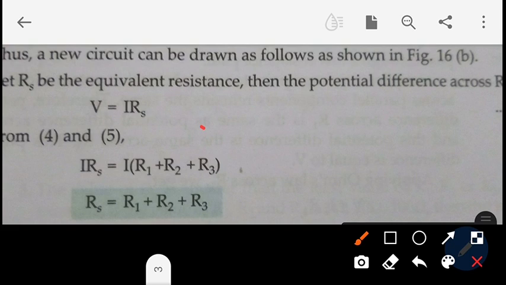Definitely this IRs will be equal to this value, and I will cancel, and you will reach this result. In this way, in series combination, we simply do the algebraic sum of the individual resistors.